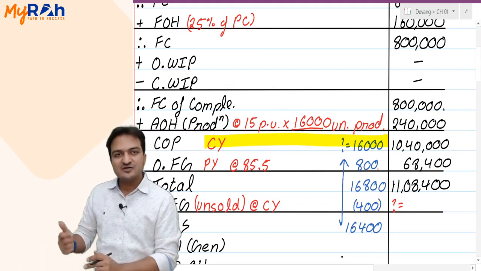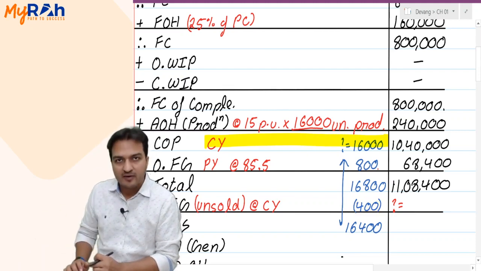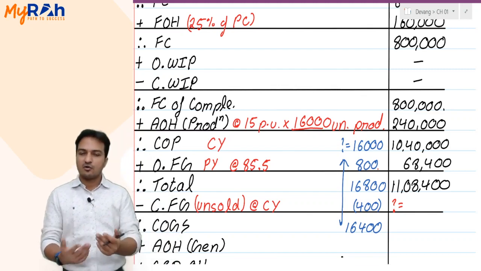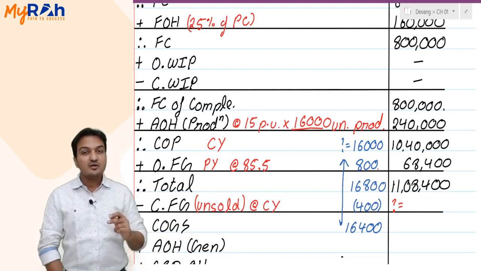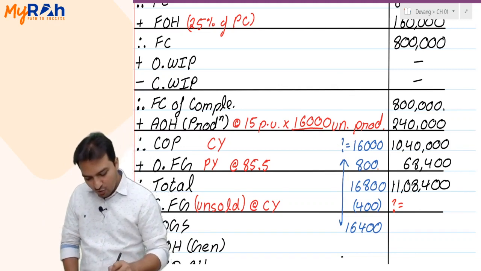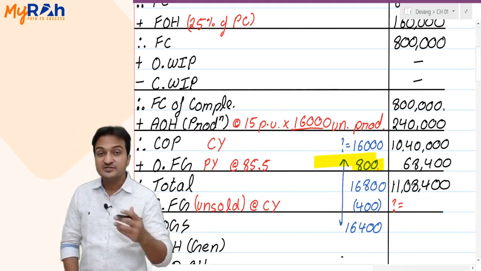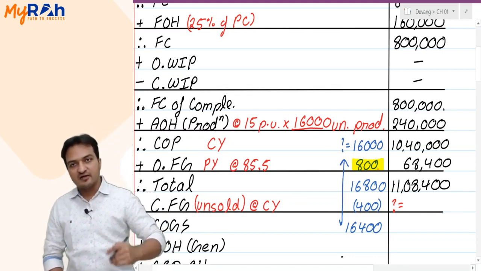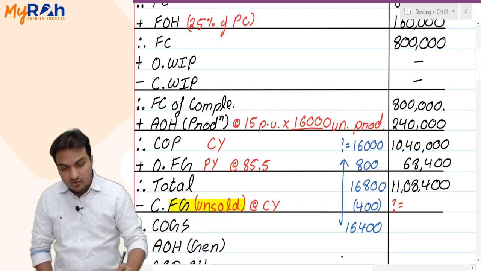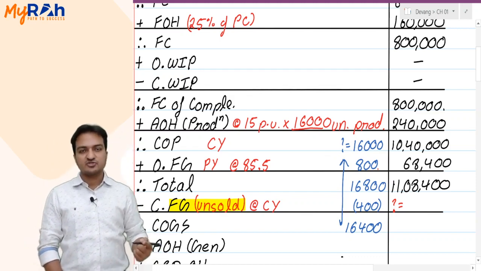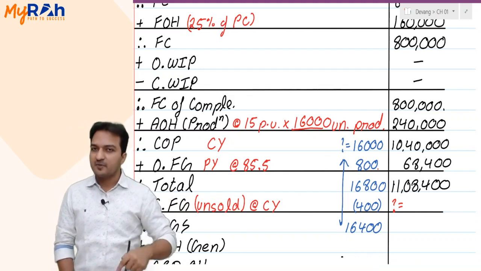Look, in my previous example when I explained the format, at that time I did not discuss the FIFO method or weighted average method. Why not? Because in that example I had taken opening FG as 0. If there is no opening stock, then definitely my unsold units are from the current year. But if there is opening stock, I need to discuss a method.